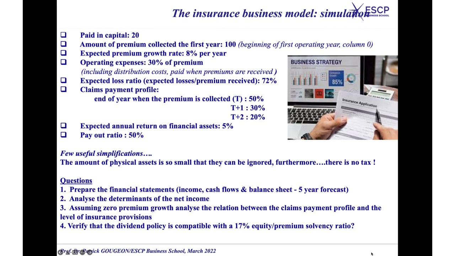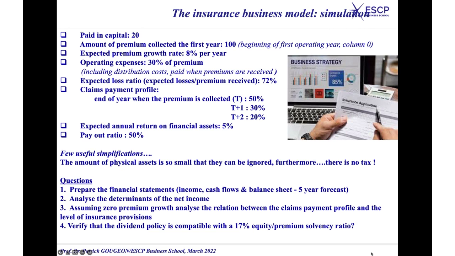And then the last point will be to verify that the dividend policy, the fact that you don't accumulate all the profits within the company, but you distribute part of it, is compatible with a kind of solvency rule, which would be in this case the rule that the equity premium ratio, the ratio of equity over premium, should never be lower than 17%. Okay, so let's start with this.